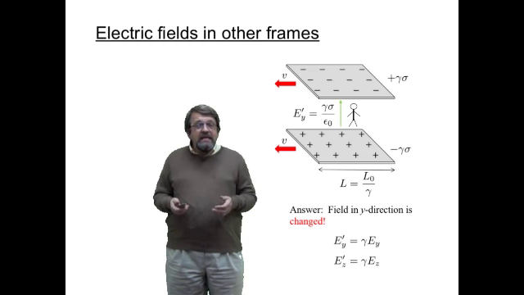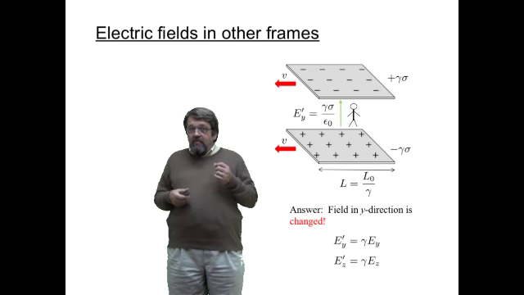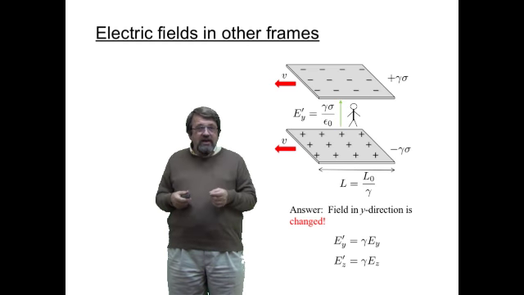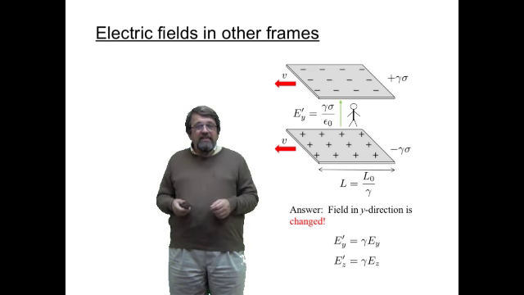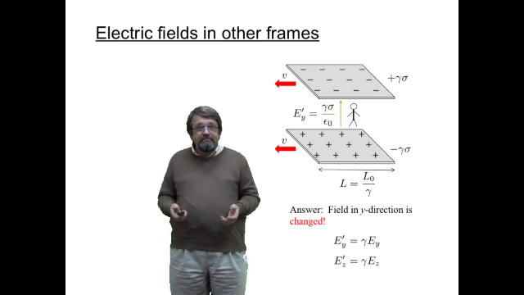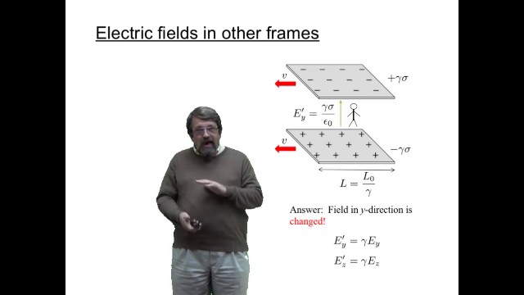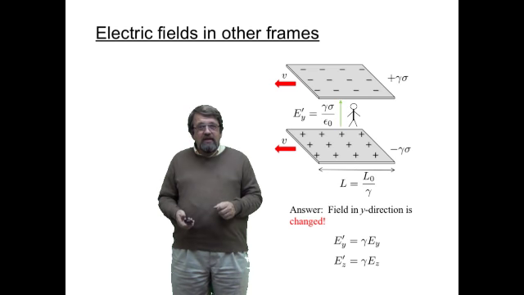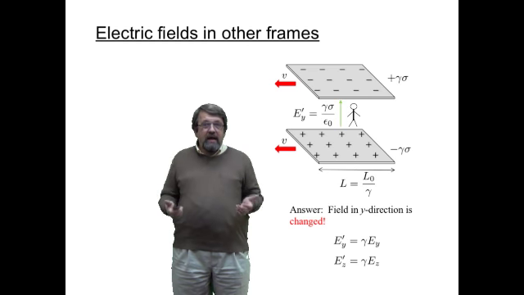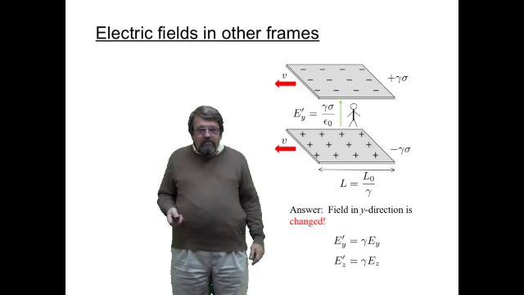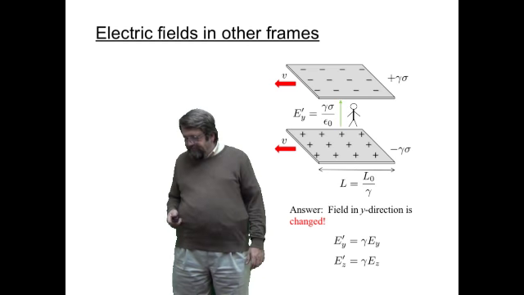And so that means that the charge density on the plates goes up by the factor gamma. And therefore, the electric field in the y direction between the plates goes up by the factor gamma. The same thing would be true, of course, of a z component of electric field.